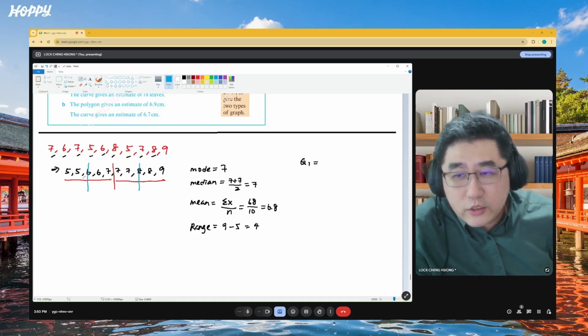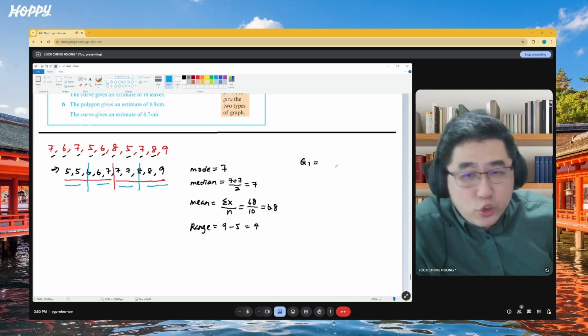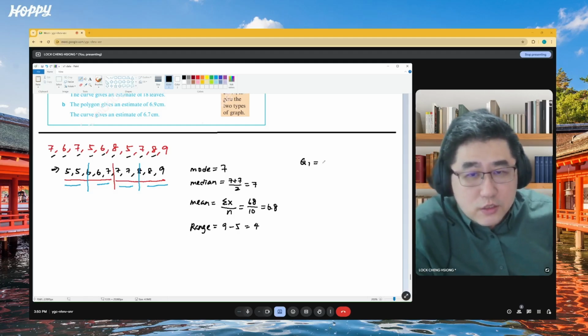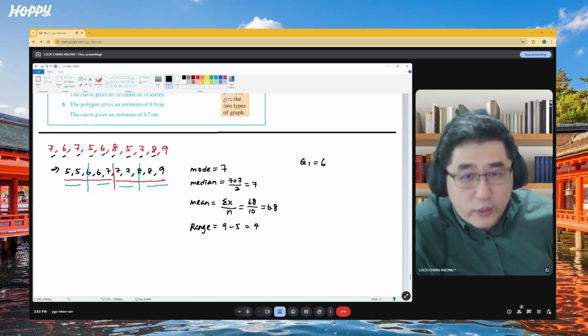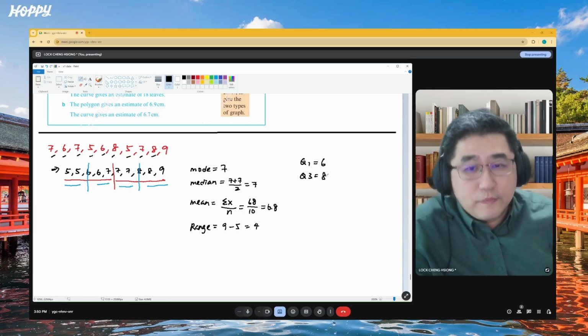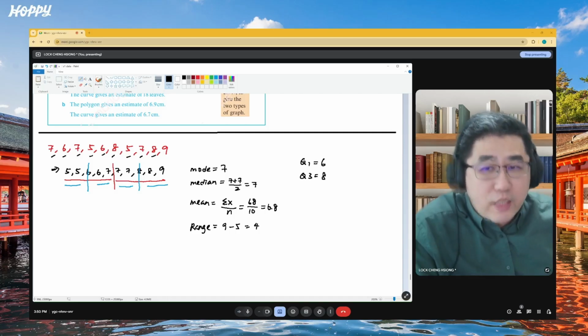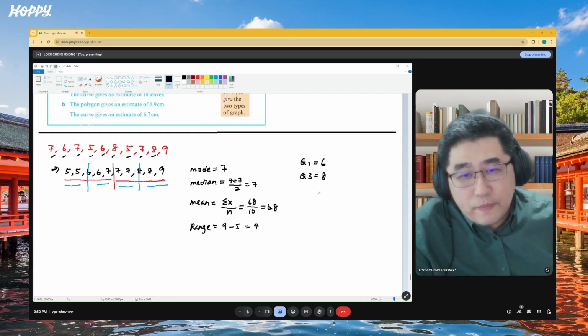These 3 numbers separate the data into 4 equal parts, that means 2 numbers each: 5, 5, 6, 7, 7, 7, and 8, 9. So your Q1 here is 6, the first blue line, and your Q3 here is 8, the second blue line. So Q1, Q2, Q3 separate the data into 4 equal parts.